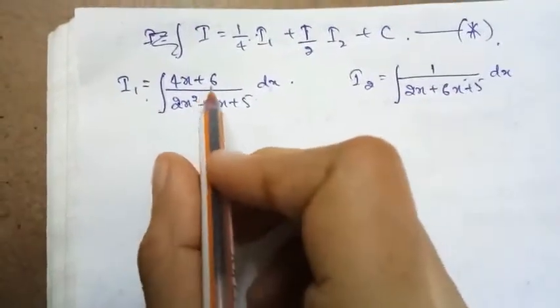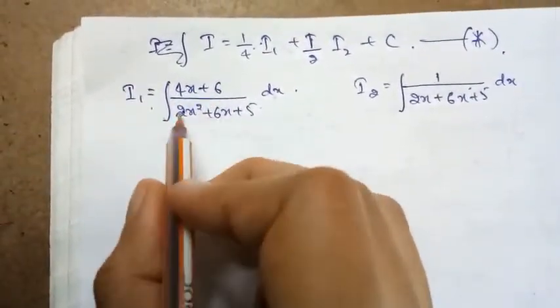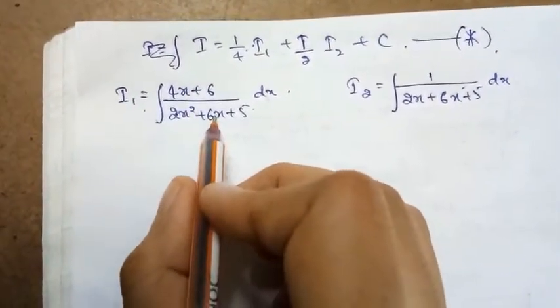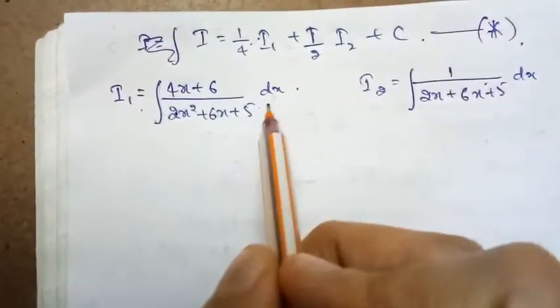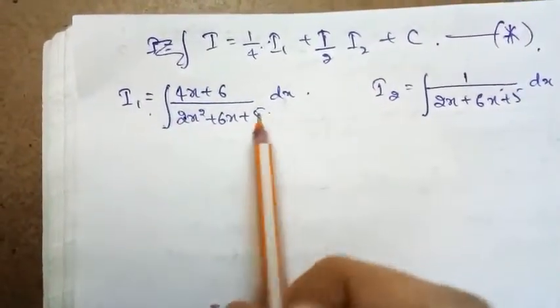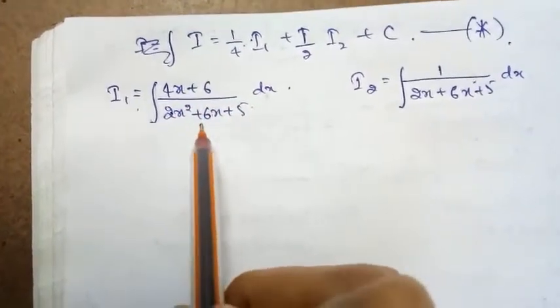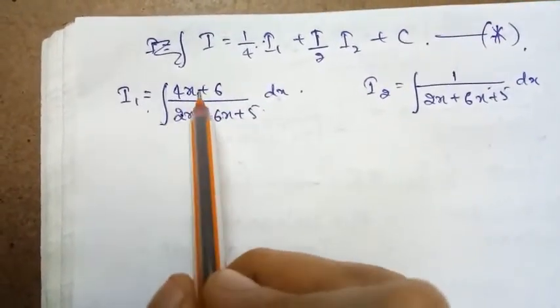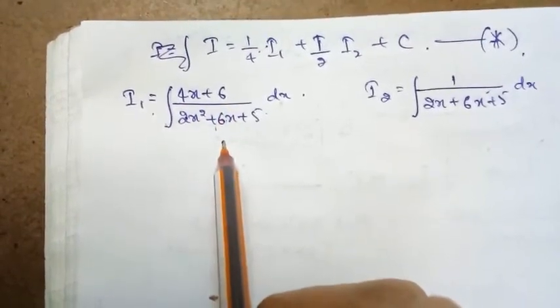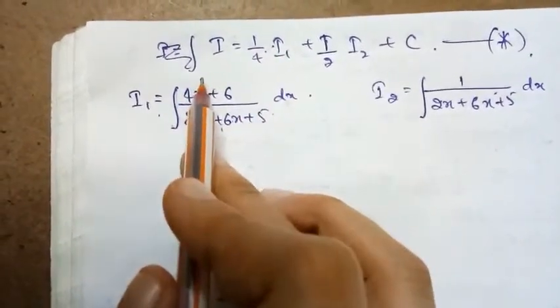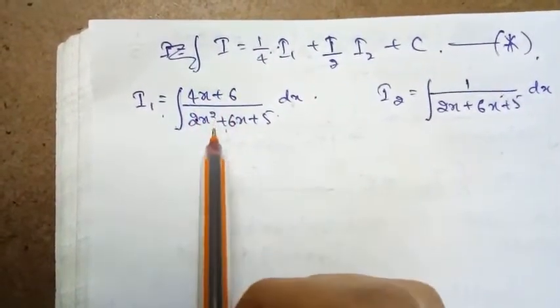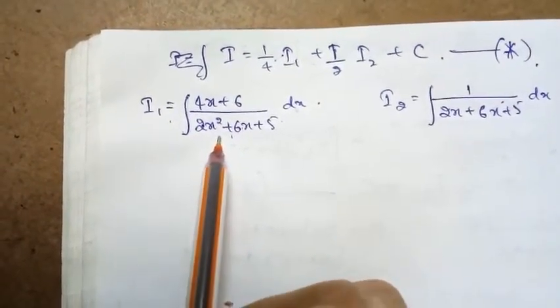So what it is having, we are having 4x plus 6 divided by 2x square plus 6x plus 5. If you observe clearly, it is damn clear that through substitution we can deal with this one. If I consider this one as t, clearly 4x plus 6 is the derivative of this one, because in the beginning itself we have dealt with by taking the differentiation of the denominator.